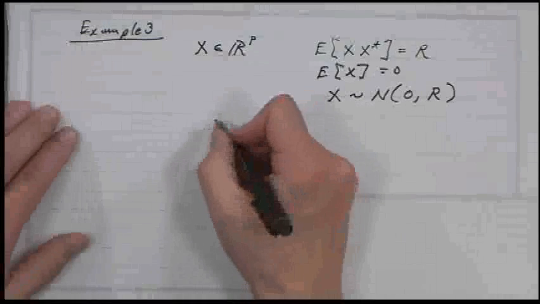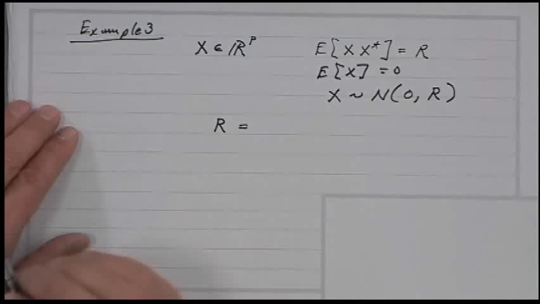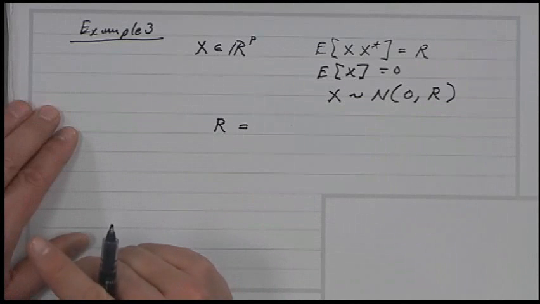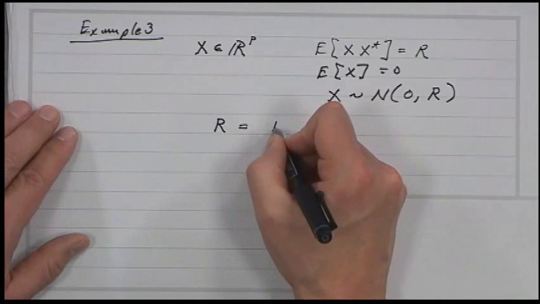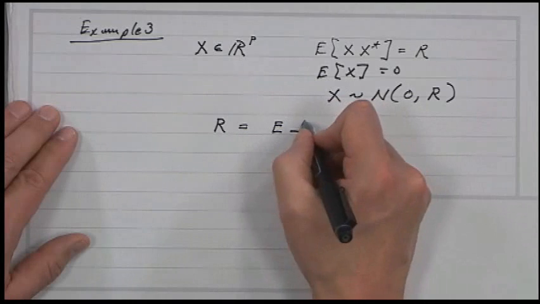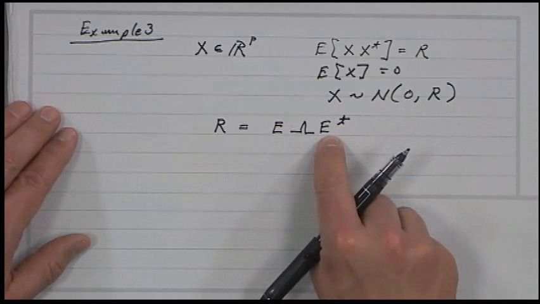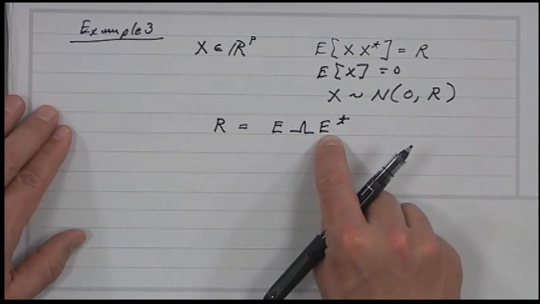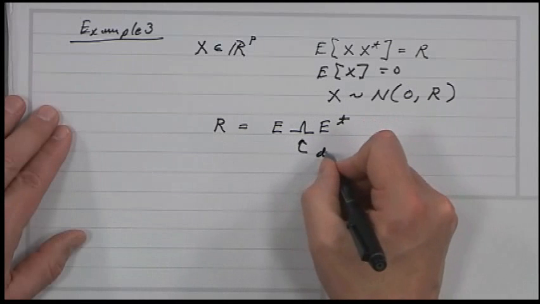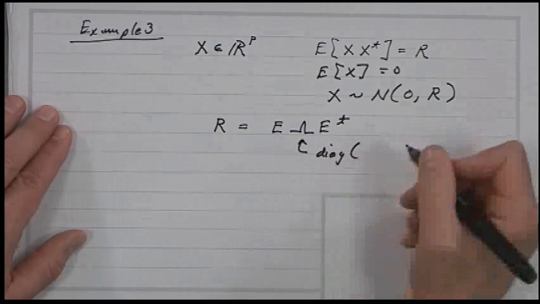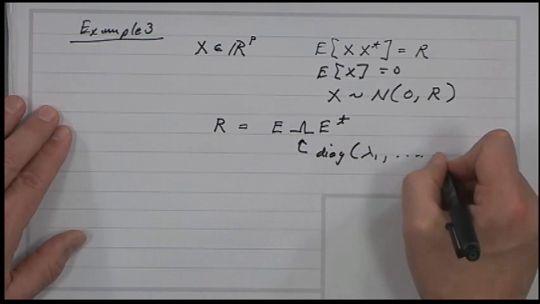Now, because you did the lab on eigenimage decomposition, you know that R can always be decomposed because it's symmetric and positive definite. It's going to be E lambda E transpose, where E is the orthonormal eigen decomposition matrix, and lambda is diagonal, with values lambda 1 through lambda p.